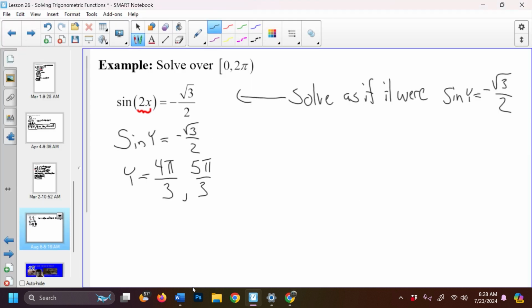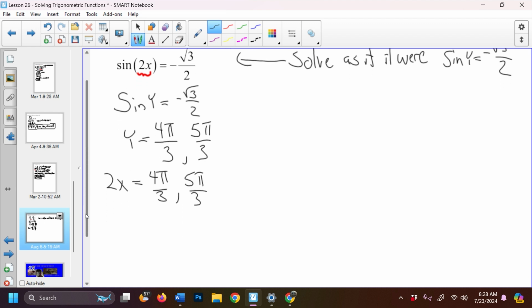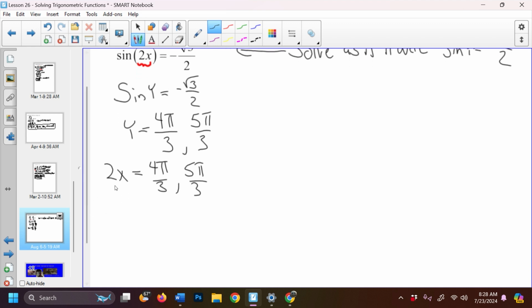Well, I'm going to do this. I'm going to say, all right, I am not solving for y. I'm actually solving for 2x equal to 4 pi over 3 and 5 pi over 3. And if I were to just solve for x, I would divide both sides by 2.